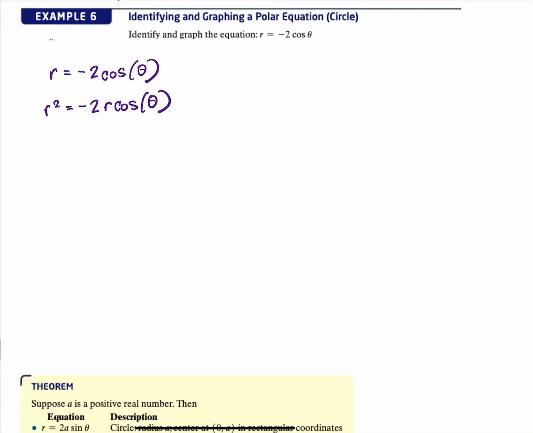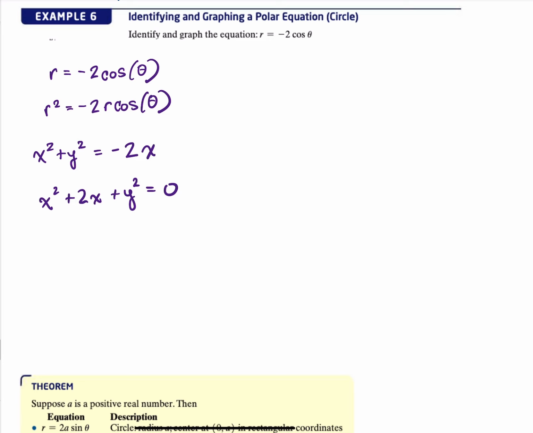Then we can replace the r squared with x squared plus y squared, and the r cosine theta with x. Then let's move the 2x over, so it'll appear positive on the left side. And then let's complete the square on x.